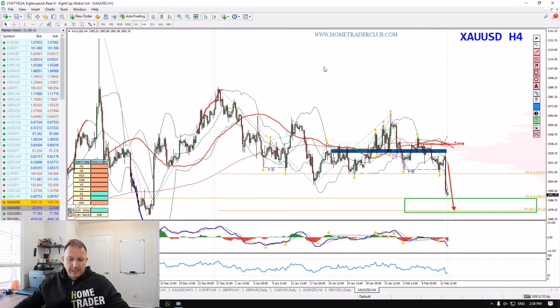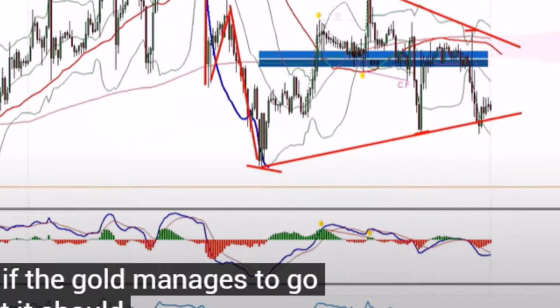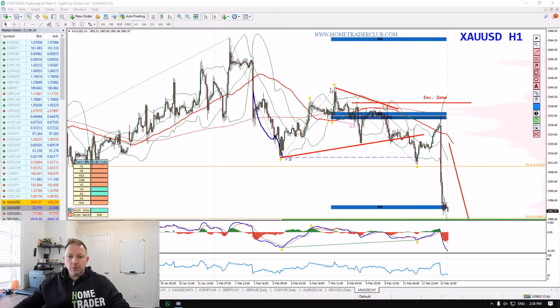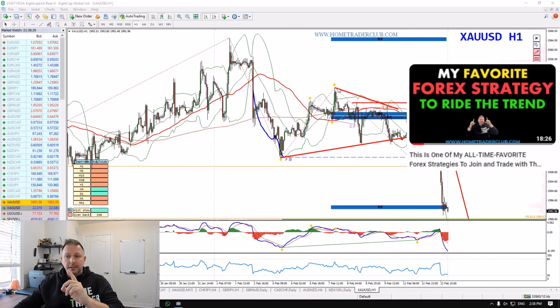And as we discussed on the weekly forecast, a break below this triangle on the 1-hour chart should bring a classical trending structure, one of my favorite strategies to join the ongoing trend. You can find a video right now in the top right corner explaining these very strategies.